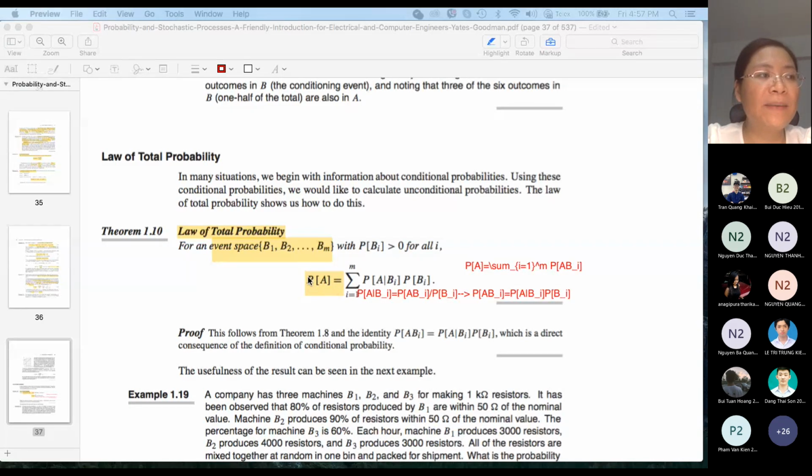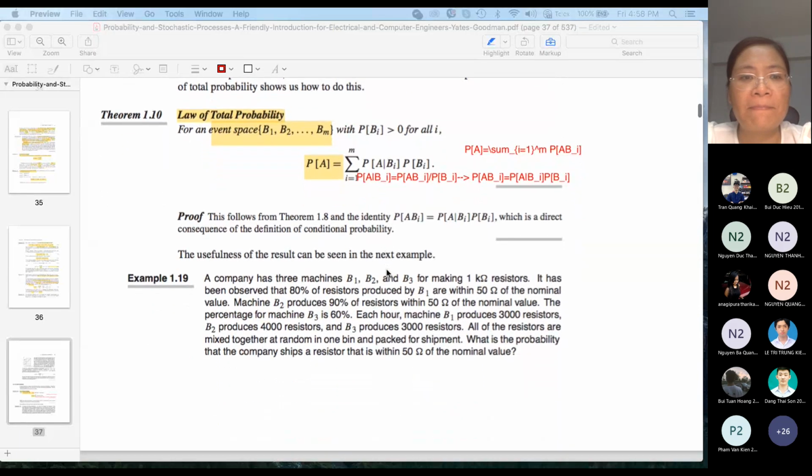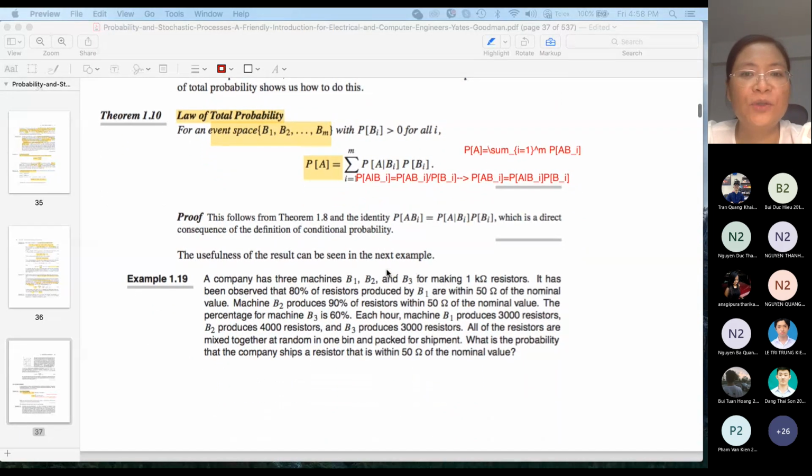If you don't understand, please write down N. The law of total probability is very important. It is often a question in the midterm test, always in the midterm test. So you have to do all the exercises in 1.5 very carefully. The other students, do you understand?